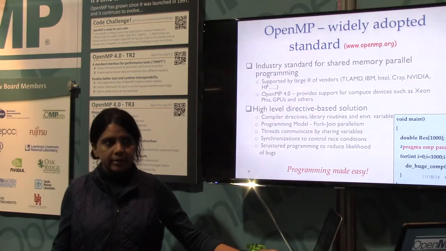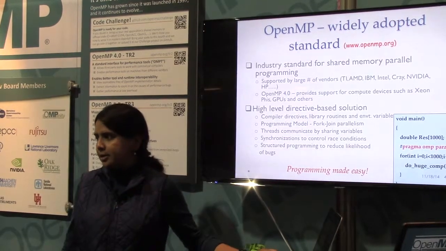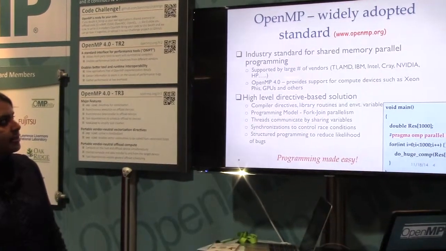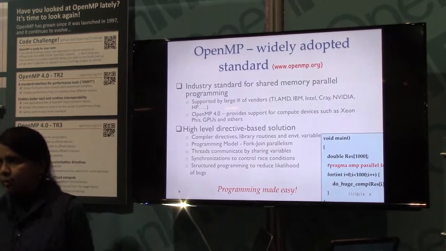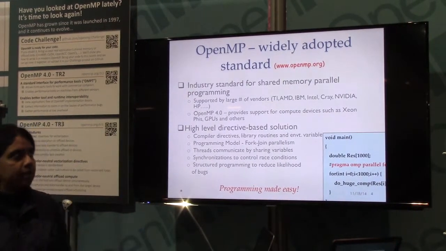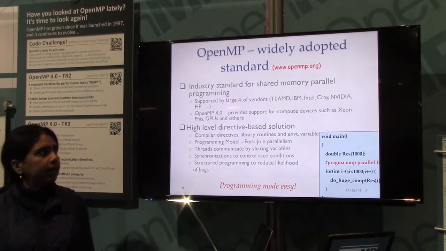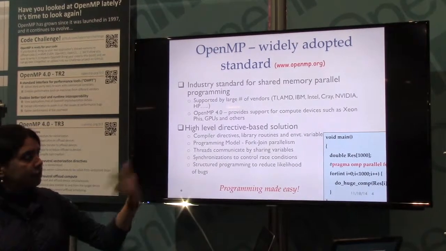So this is just a very brief idea of what OpenMP is, and I guess we all have an idea of what it is. It's an industry standard for shared memory parallel programming, supported by a large number of vendors: Texas Instruments, AMD, Intel, Cray, NVIDIA, IBM, HP and so on.